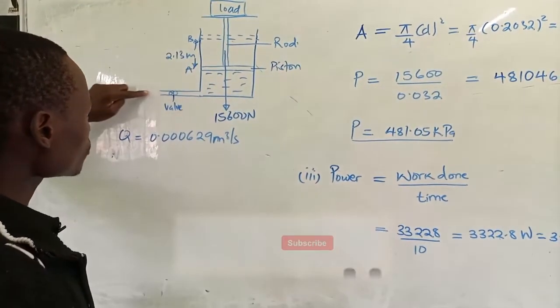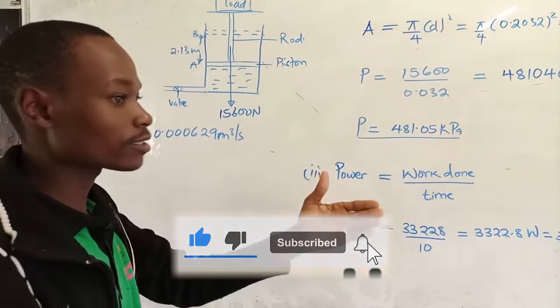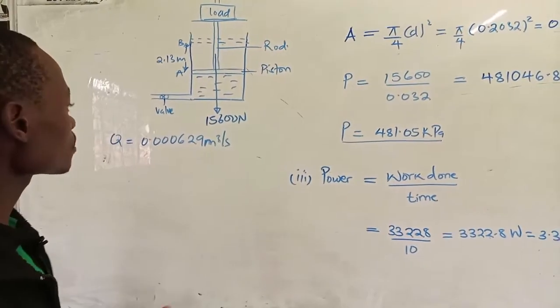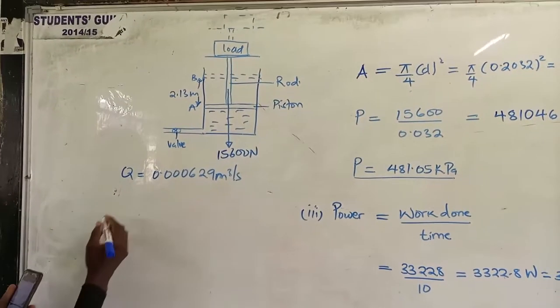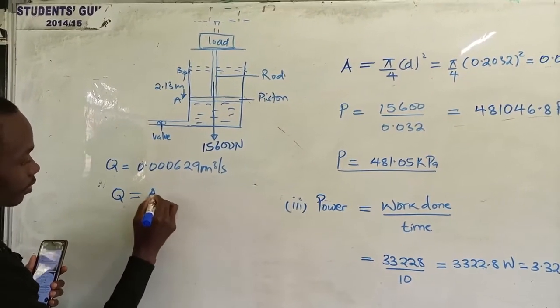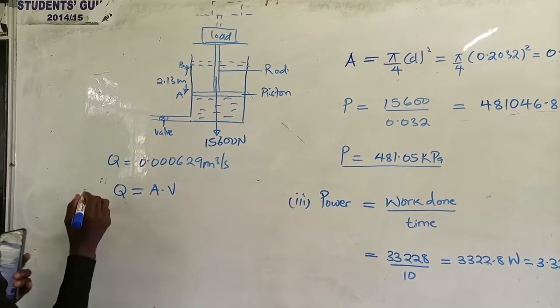So as the fluid flows out at a certain discharge, the load will be descending down. So as it descends, it means we are going to use the equation of continuity, that Q is area times velocity.